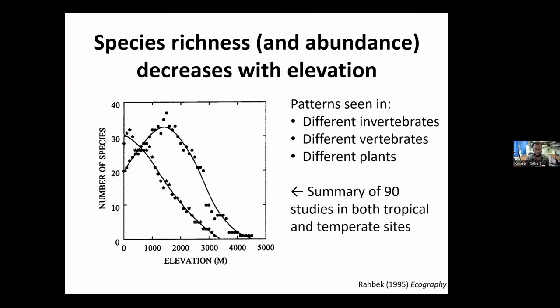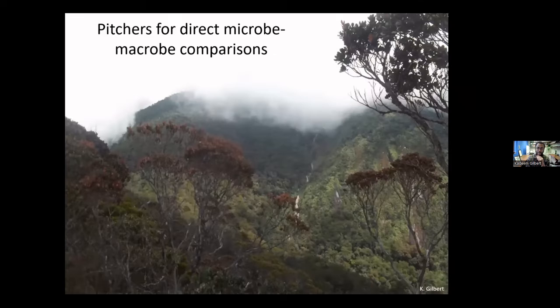And even more odd and frustrating for our understanding of microbial macroecology is that the few papers that have been published for microbes have found conflicting results. In some studies, they mirror what we see in macroorganisms, but in others, you see an opposite pattern. In others, you see no change in elevation. And overall, in microbes, there's a question of whether they have spatial structure in the way that multi-celled organisms do.